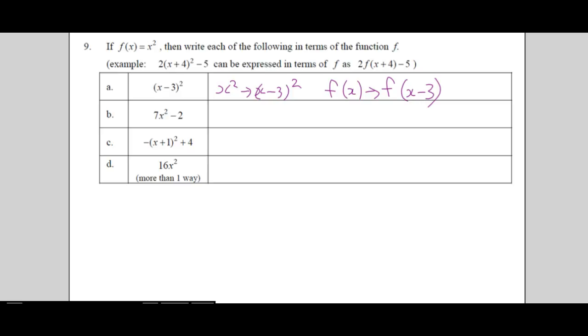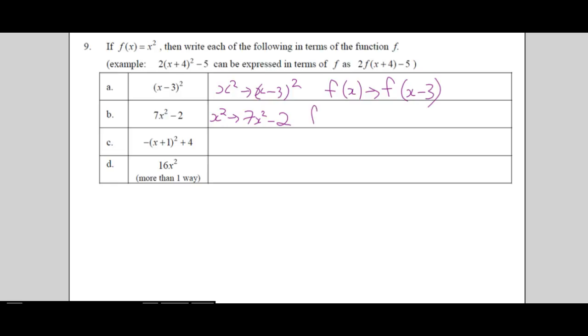7x squared minus 2. So I want to take x squared and I want it to become 7x squared minus 2. So what's another way to say x squared? No, f of x. So you look up there, f of x is x squared. Wherever I see an x squared, I can write f of x.